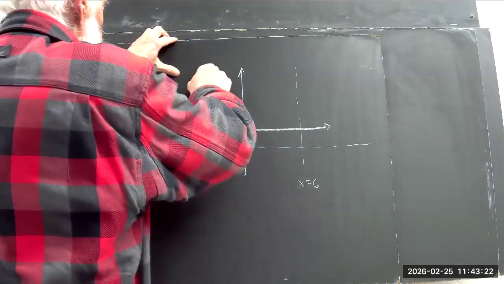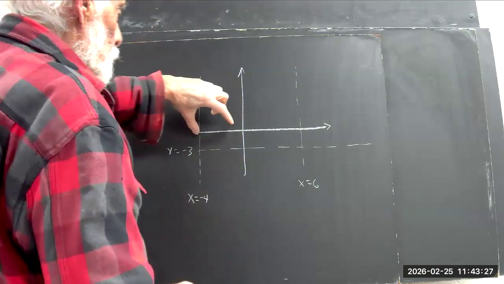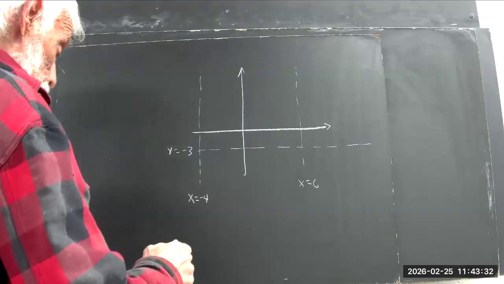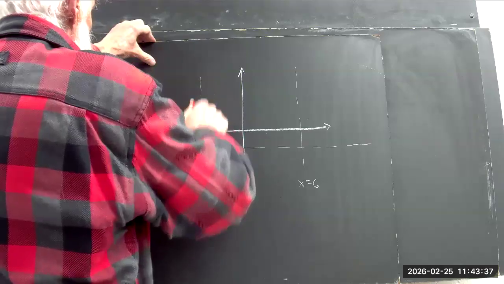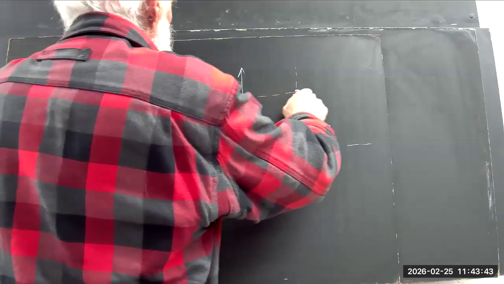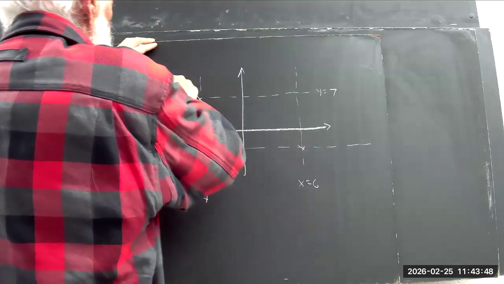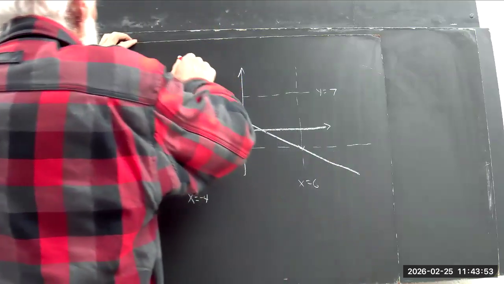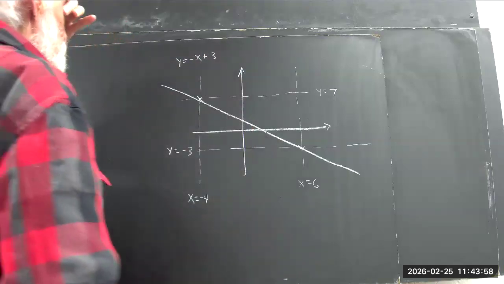And then x equals -4 is going to go about here. -4 is about 2/3 of 6, so that looks about right. And y equals 7 up here. So if that's 4, that would be 4, 8, 7 would be about here. We have this point and this point. And here's our line. And the equation of the line is y equals -x plus 3.